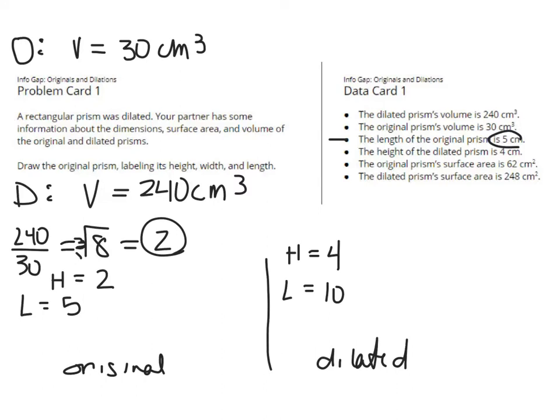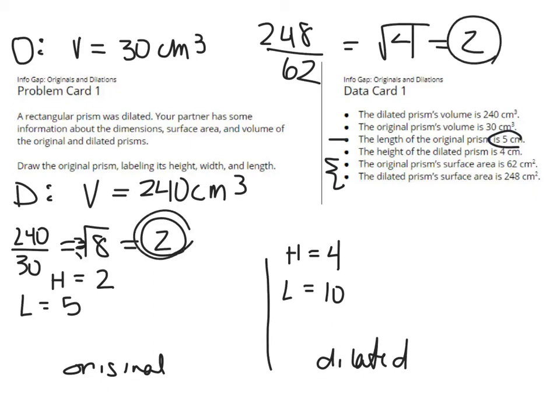And then the original prism surface area and dilated prism surface area. These I should be able to do: 248 divided by 62 gives me 4, and that's a surface area, so I'm going to take the square root, and luckily my scale factor is the same.